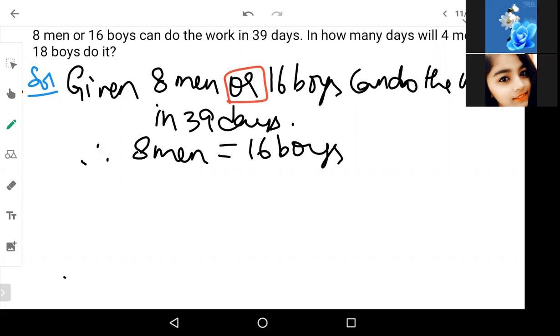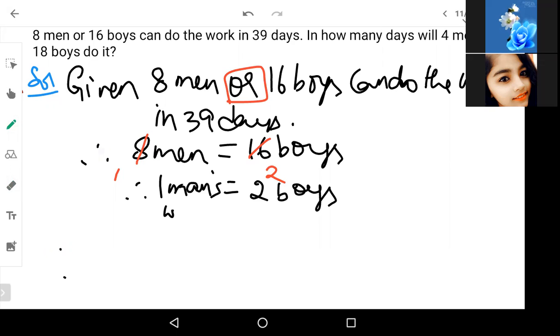So 8 men is equal to 16 boys. 8 ones are, 8 twos are. Therefore, 1 man is equal to 2 boys. So one man's work is equal to two boys' work.